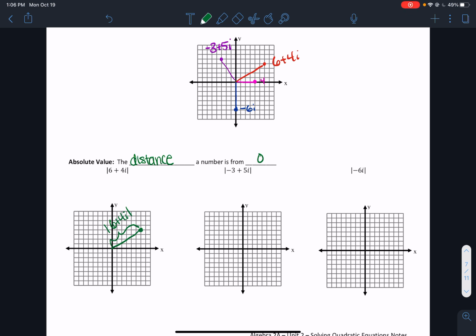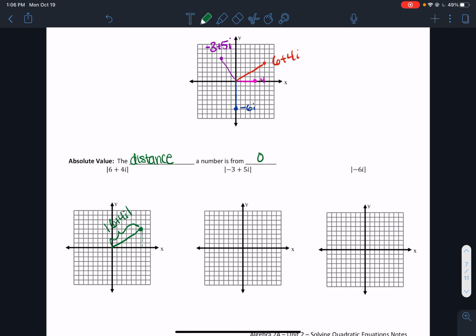And if I want to find that distance, I can think of this as a right triangle, right? With a height of 4 and a length of 6. So it would be 6 squared plus 4 squared equals c squared, if we want to call it c, right? A squared plus b squared equals c squared, using the Pythagorean theorem.